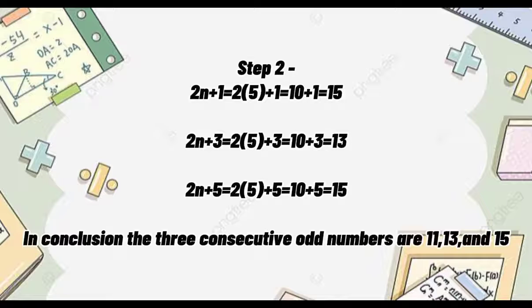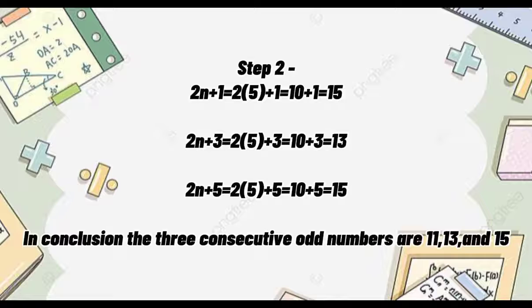Just simply put in those constant numbers and replace the value of n with 5. So 2n plus 1 is equal to, we have simplified and transposed, and we have obtained the value of n. So 2 times 5 plus 1 is equal to 10 plus 1 is equal to 11.